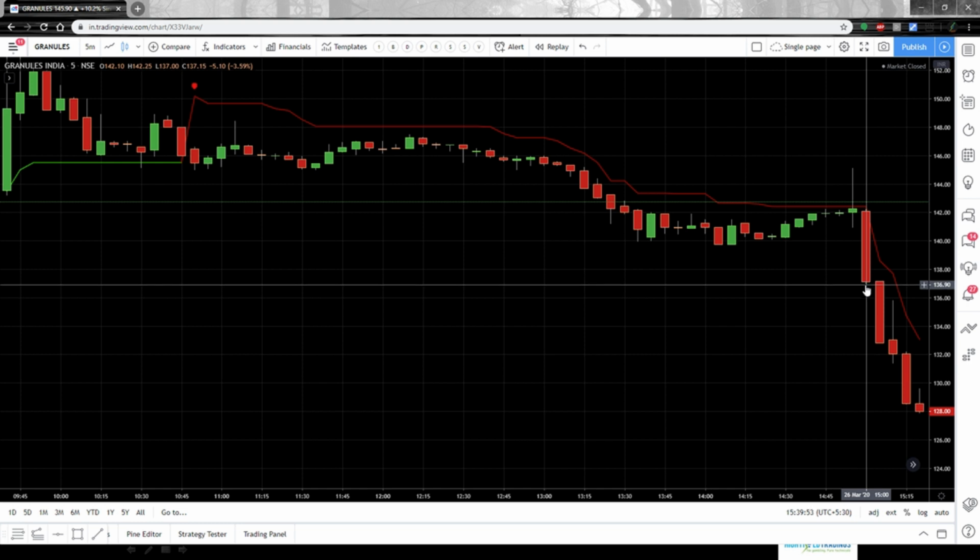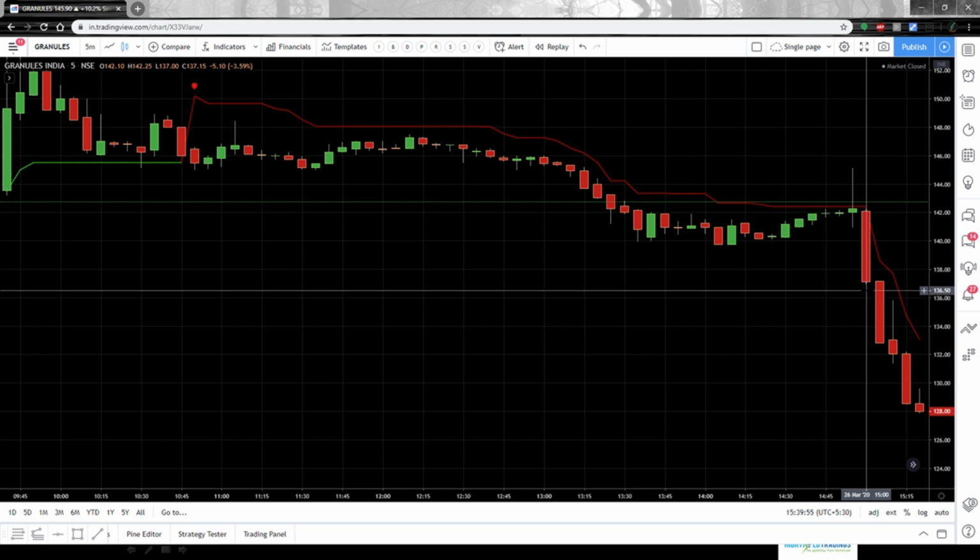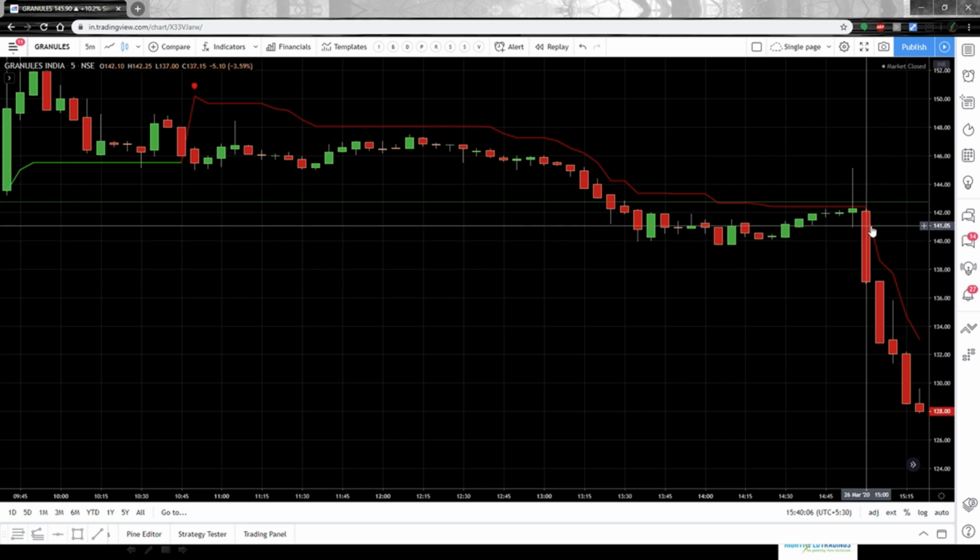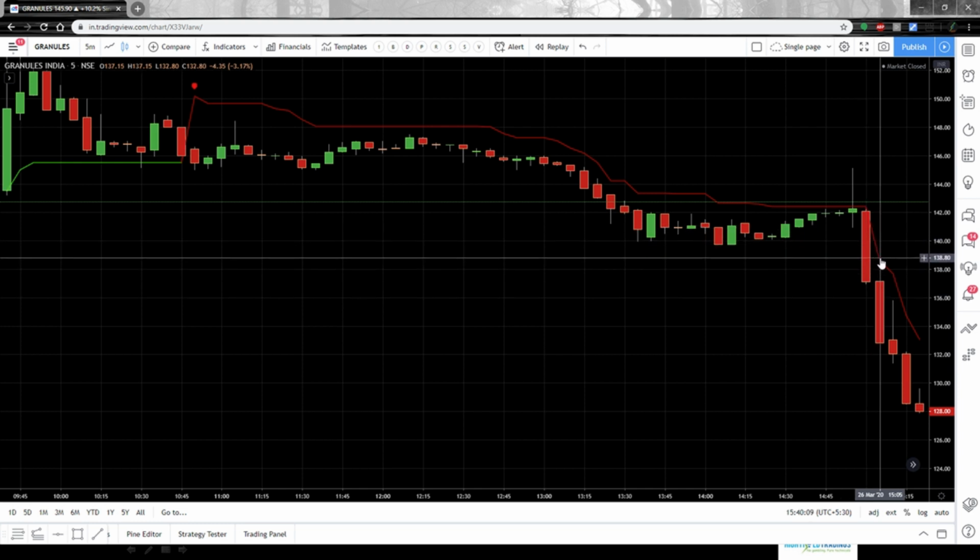Now see here on the charts, the 3 o'clock candle closed here, a big red candle. Next is the 3:05 p.m. candle. Now see the super trend. The super trend is sliding down, which means that there are more chances for this scrip to fall.